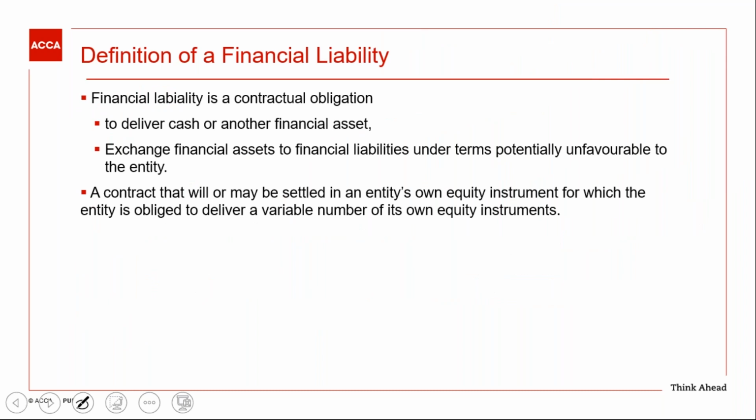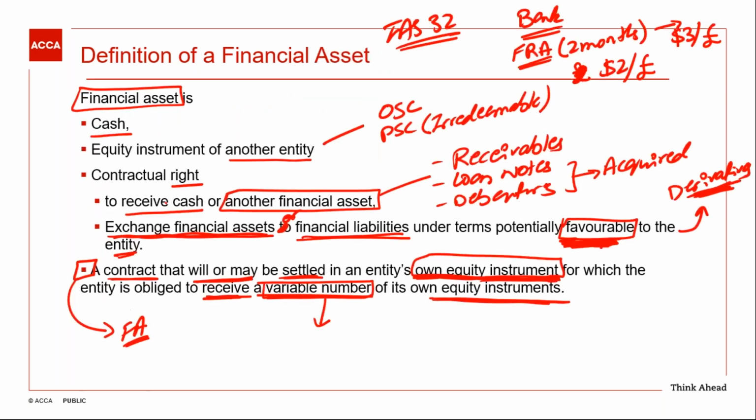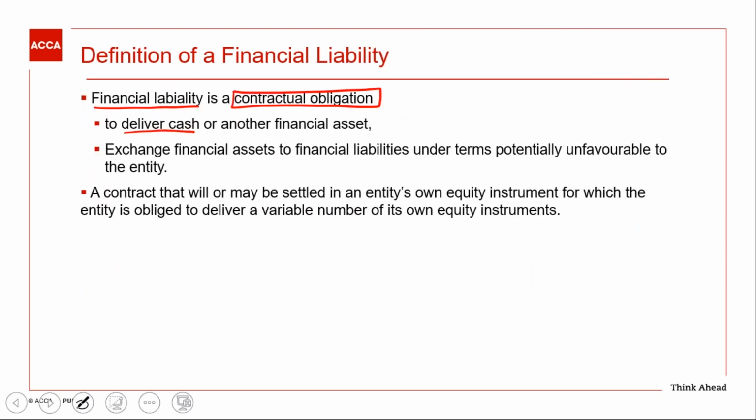of financial liability, which says that financial liability is a contractual obligation to deliver cash. The financial asset was a right to receive cash, and the liability is a contractual obligation to deliver cash or another financial asset.